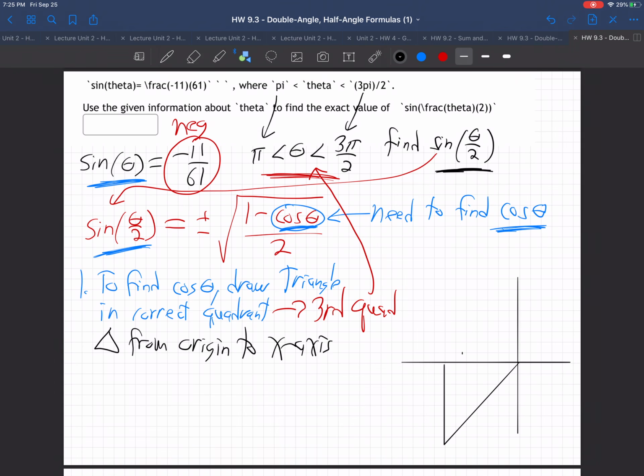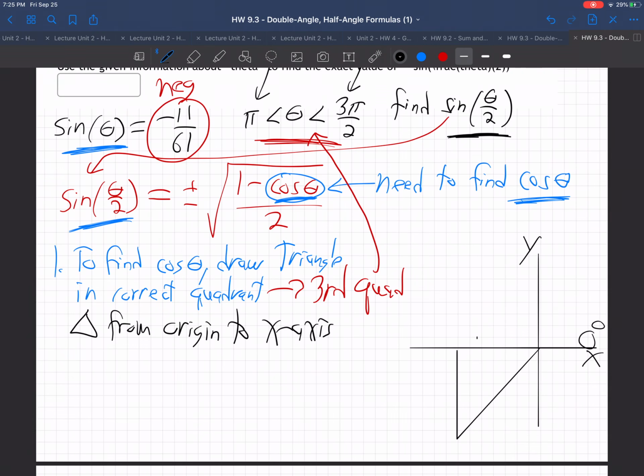Remember, we always go to the x-axis. Why? Because 0 degrees starts at the x-axis, not the y. By random choice, they decided to make all angles start at 0 degrees on the x-axis. They could have made it straight up at the y. They didn't. And because they made them all start on the x-axis at 0 degrees, we have to make all of our triangles go to the x-axis, not the y.